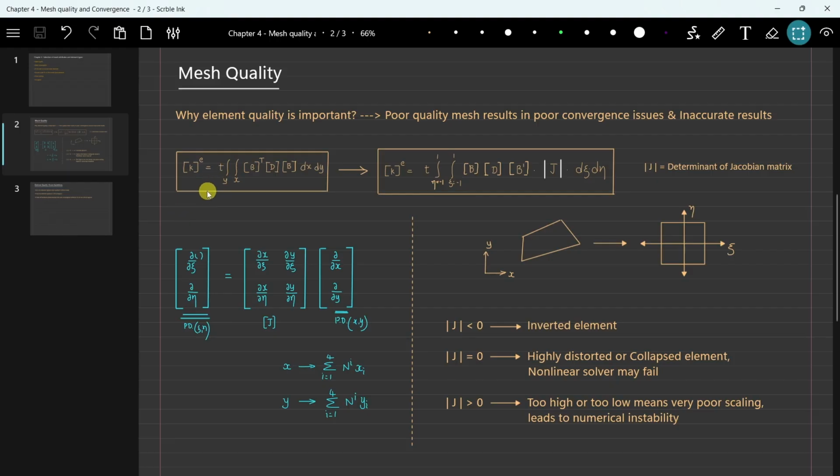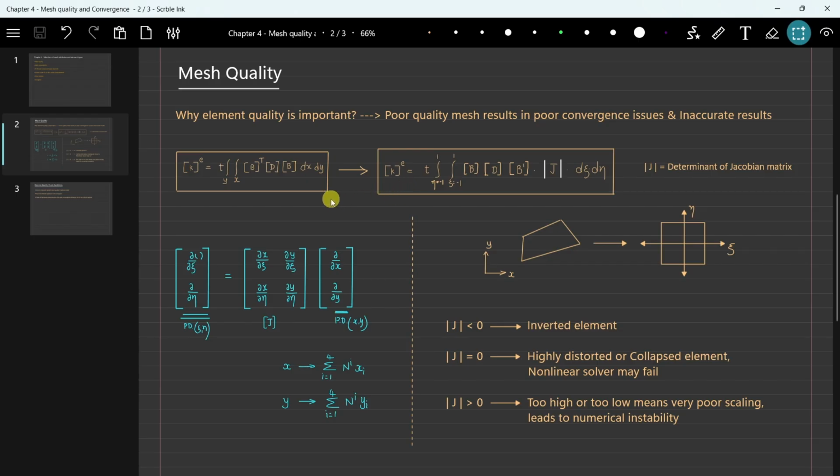So with that, we have seen this in an earlier chapter, in the last lecture of chapter 3, that this element stiffness matrix is for a quadrilateral element, a 2D element, and this one is in the XY global coordinate system, whereas we have discussed something about Jacobian matrix and natural coordinates.